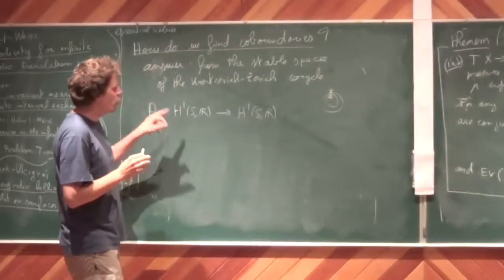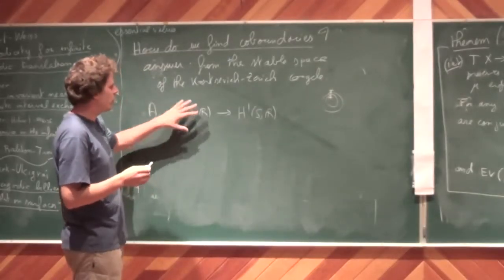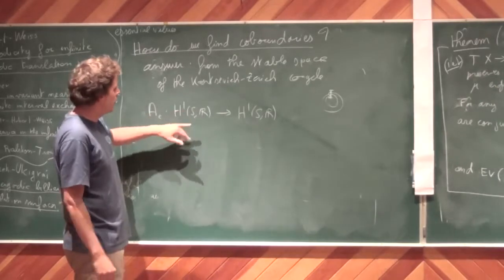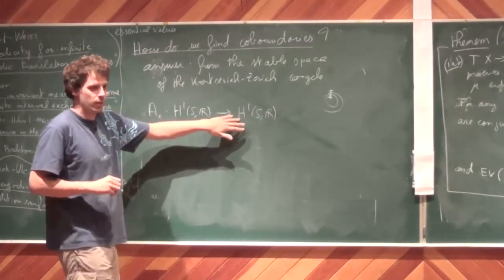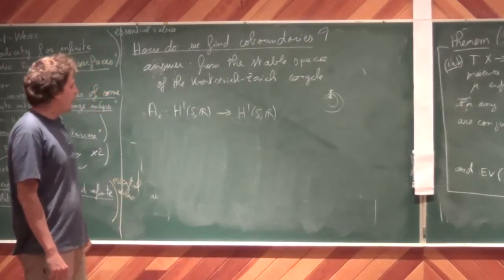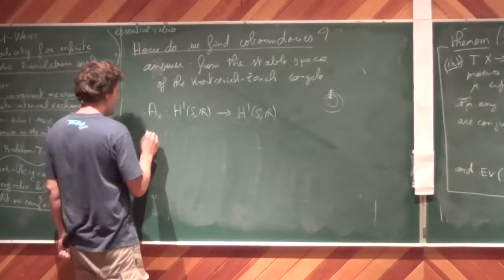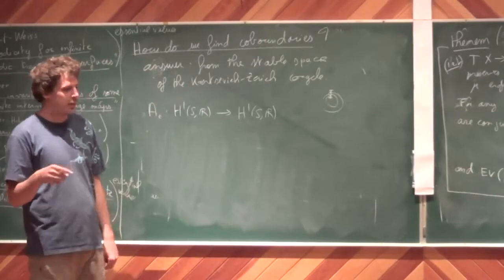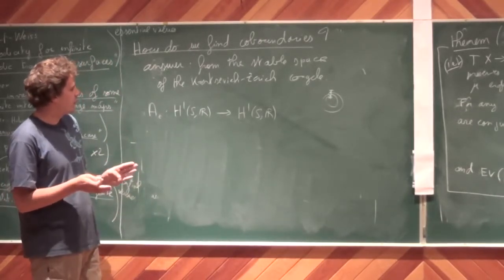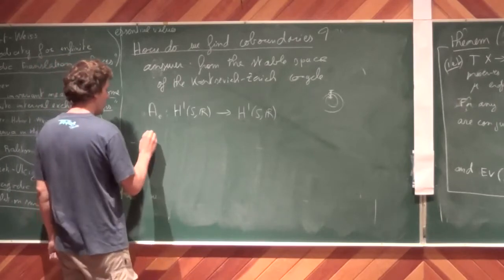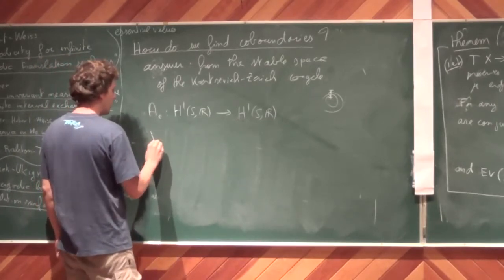And recall that the function that I consider belongs to H1. So I consider this as an operator on functions on my surface. And what is a stable space? Recall that you have Lyapunov exponents. The stable space is the space which concerns the negative Lyapunov exponents. So let's call it Vs.